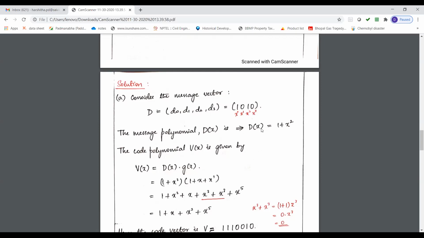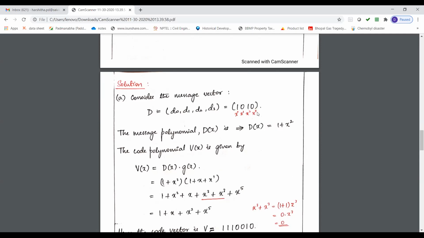So message polynomial is d of x, that is given by, for x to the power of 0 I have 1, so I'll write x to the power of 0, that is nothing but 1, so I'll straight away write 1. Next, x to the power of 1 into 0, that is 0. Next I have x to the power of 2 into 1, so I'll write x to the power of 2.